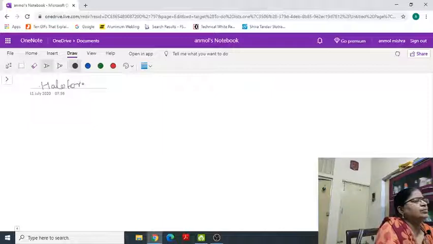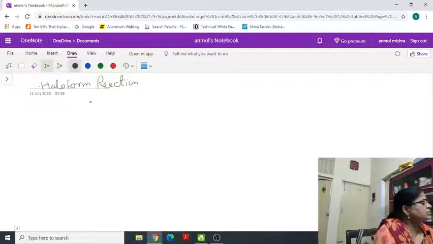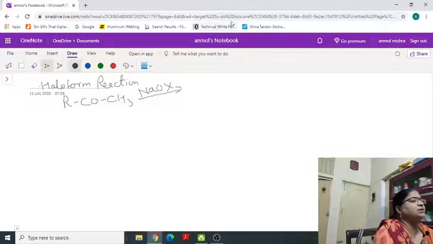In the haloform reaction, the methyl ketone reacts with NaOX, sodium hypohalite.